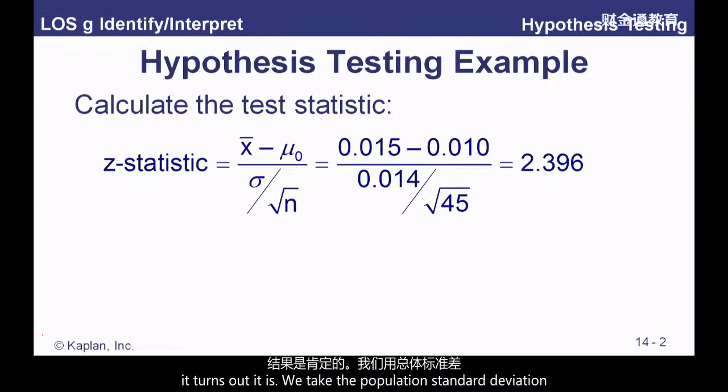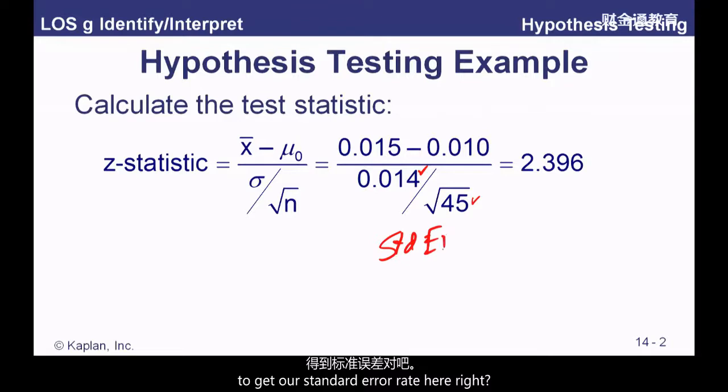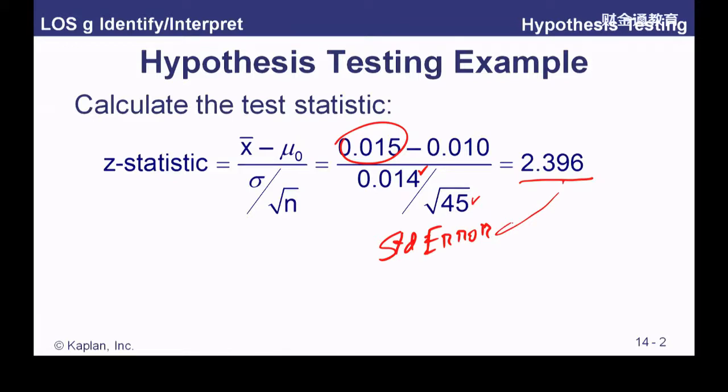We take the population standard deviation of 1.4%, and we divide it by the square root of n to get our standard error right here. And we find that this result is 2.396 standard errors above the mean.